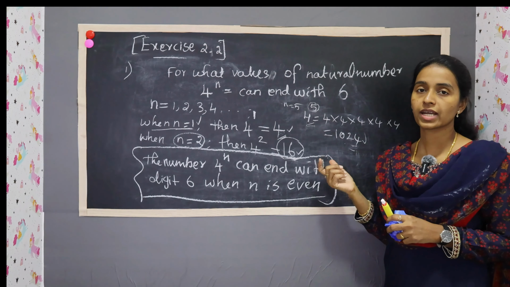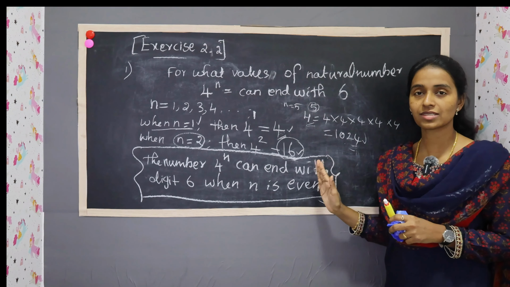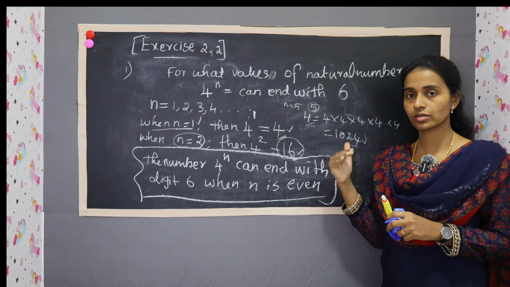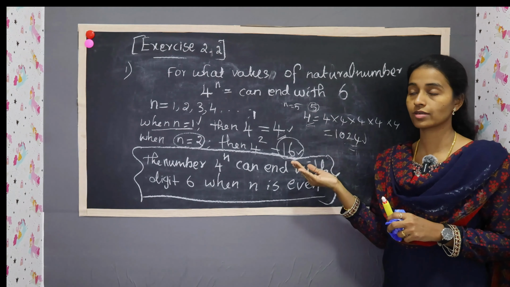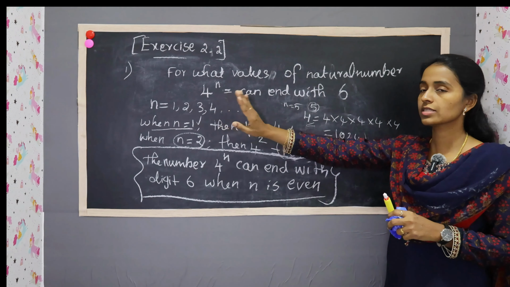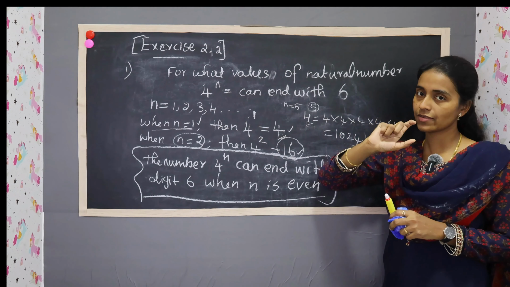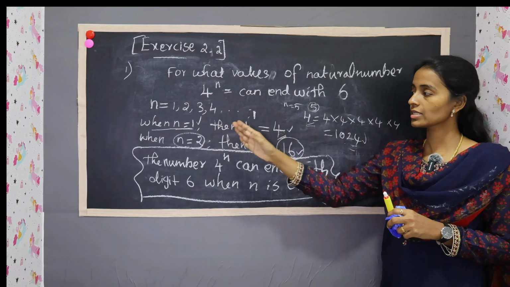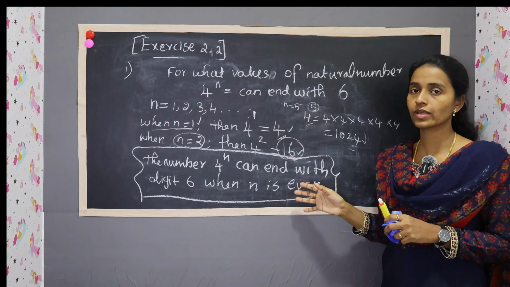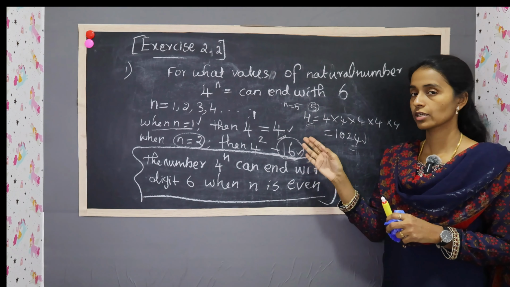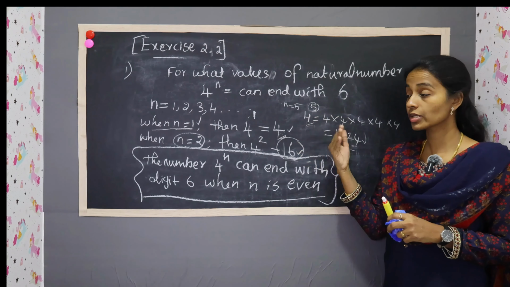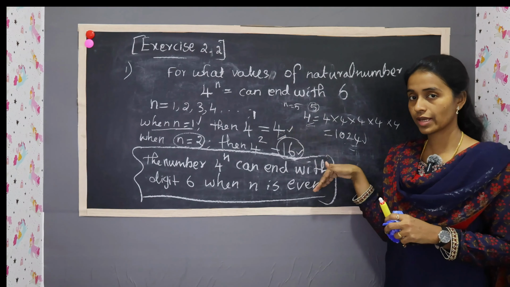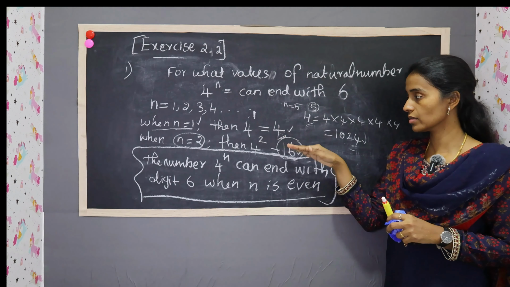For this problem, we have to know what a natural number is. Natural numbers start from 1, 2, 3, 4 and go on. We apply the n values one by one in 4 power n and check all the answers we get.